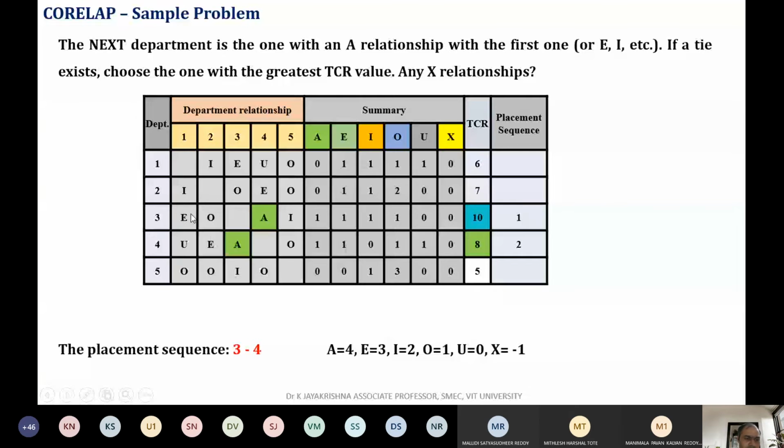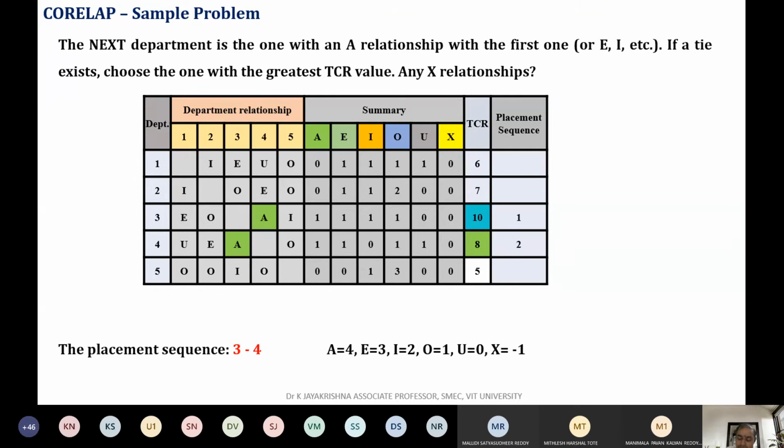That means what? The first department and second department are now eligible candidates for the next placement. Correct? The first department and second department can be placed after the fourth department. There's a tie, because both are having an E relationship.